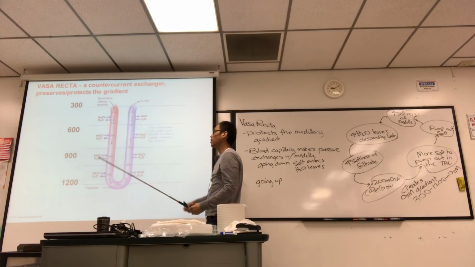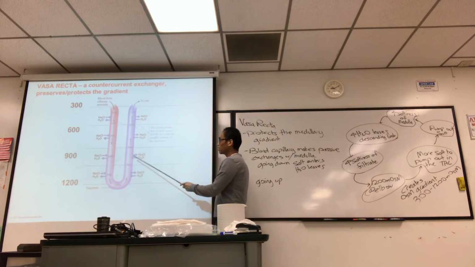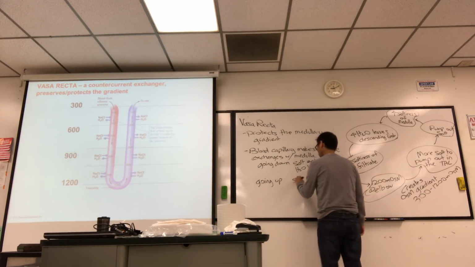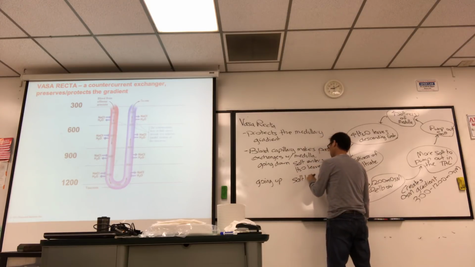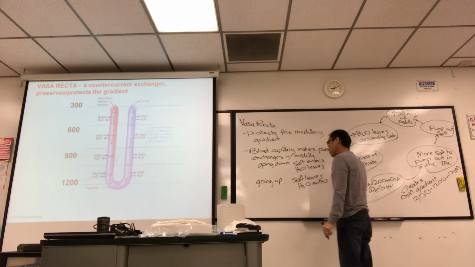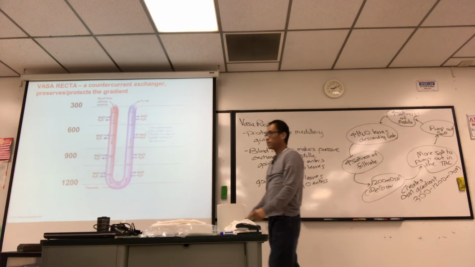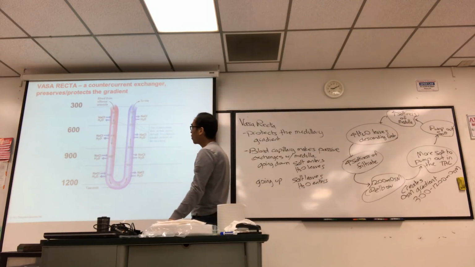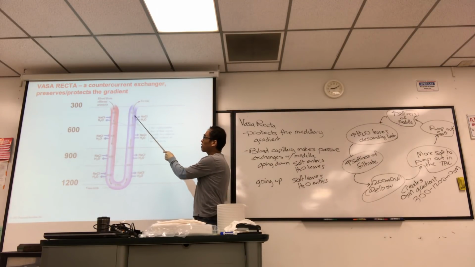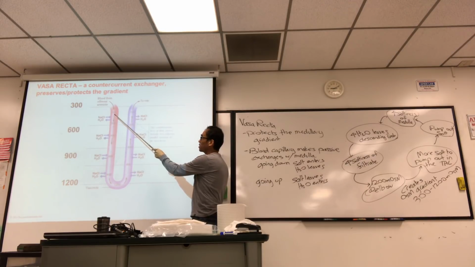So on the way up, you make passive exchanges. Salt leaves, water enters. So again, you re-dilute the blood, so that on the way out, the top number there is like 325. And then the number going in is 300.